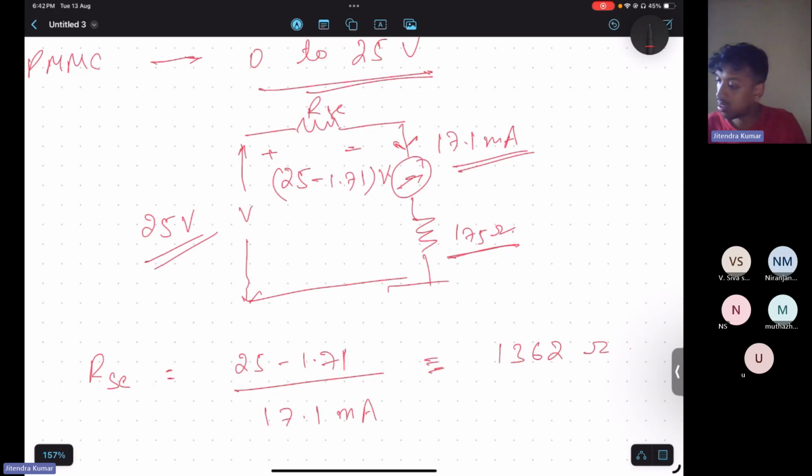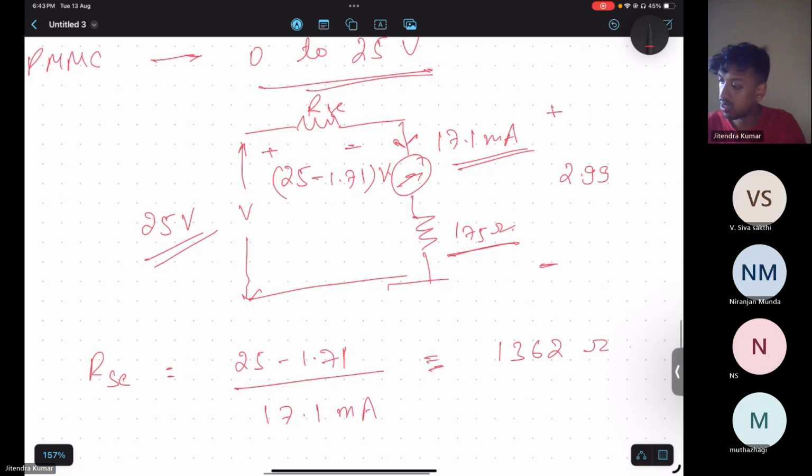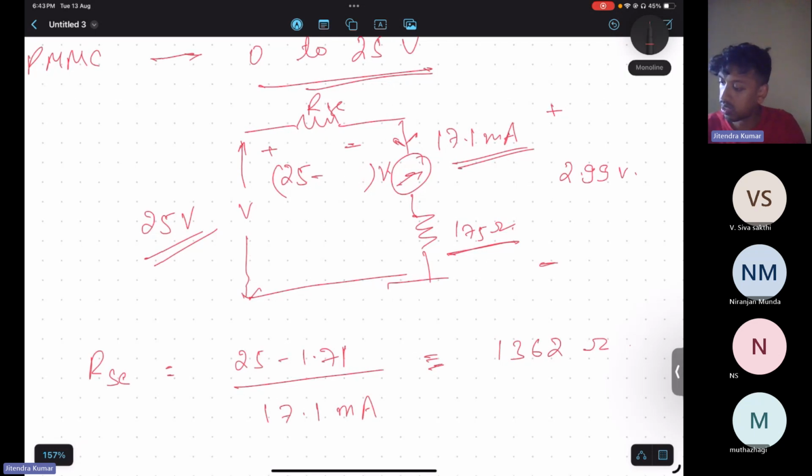So now this new voltage should be 17.1 into 175, which is 2.99 volts. So now it should be 25 minus 2.99.